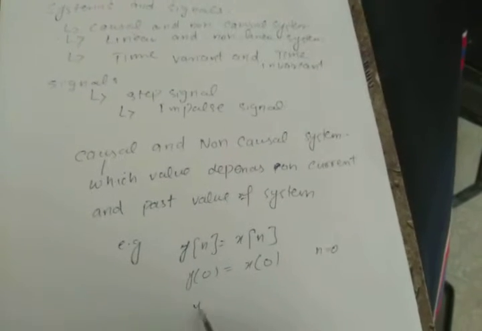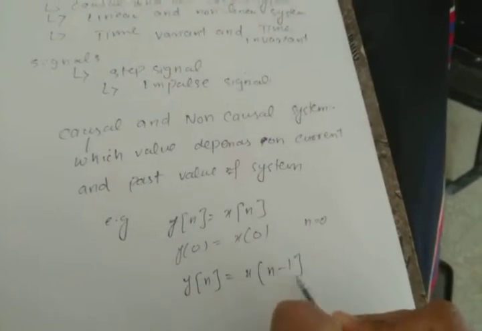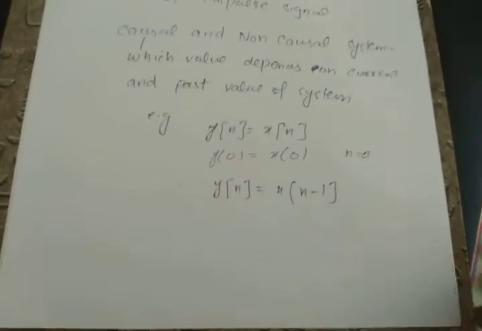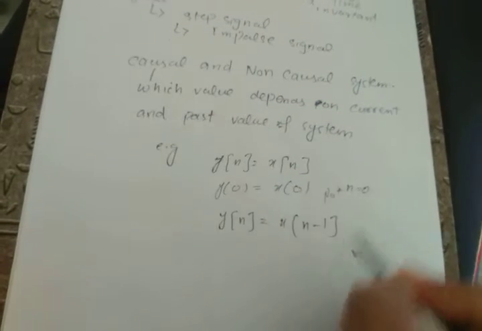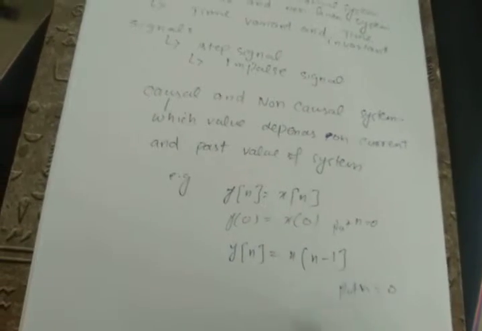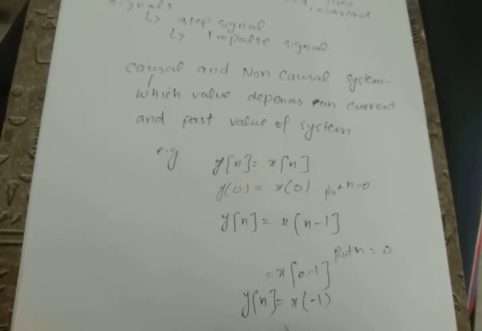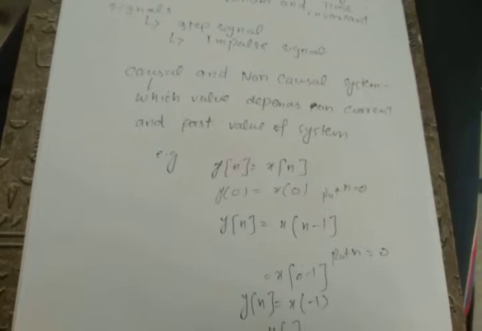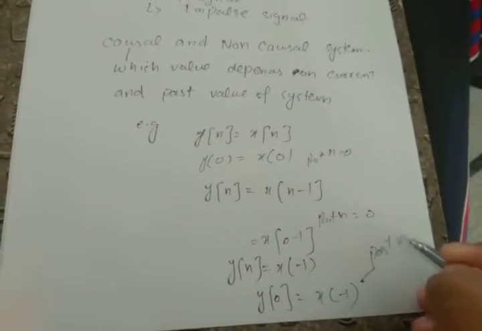Let's take another example of a system, that is x of n minus 1. In this system, let's suppose we put n is equal to 0, then x of 0 minus 1, x of minus 1. This means this is the past value.